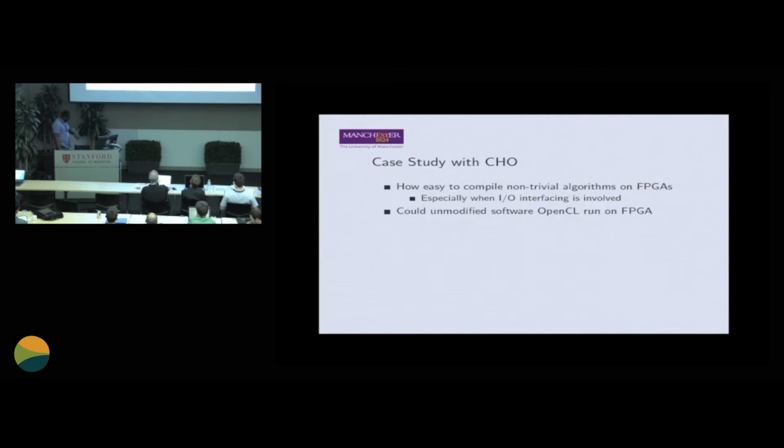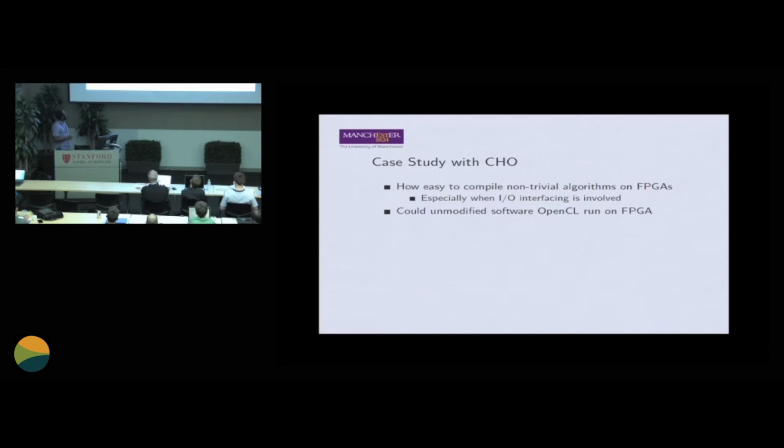So our case study was to see what happens if you take CPU code, OpenCL CPU code, and put it into an FPGA compiler. What is the experience? Do you need FPGA experience, or will it just be as if you're compiling to another CPU or GPU?